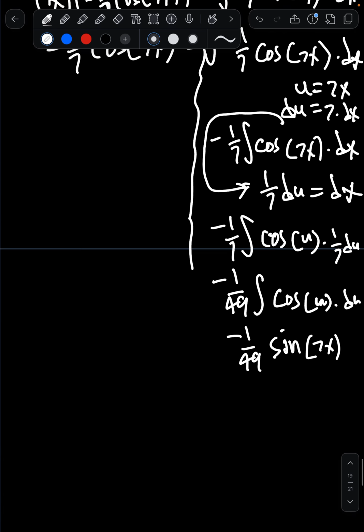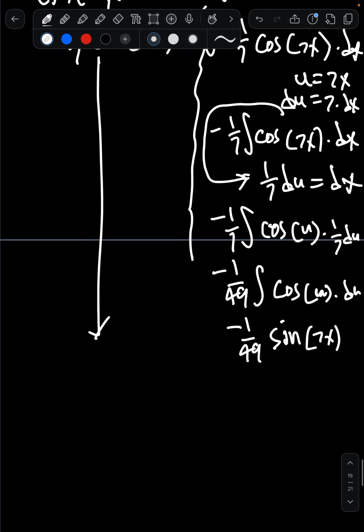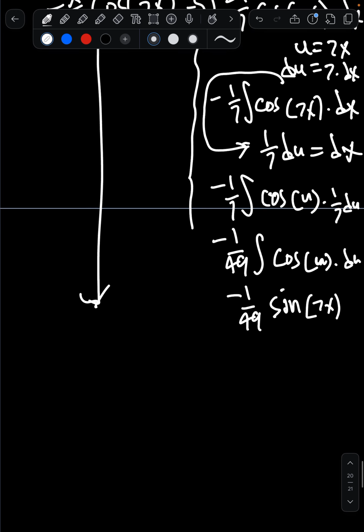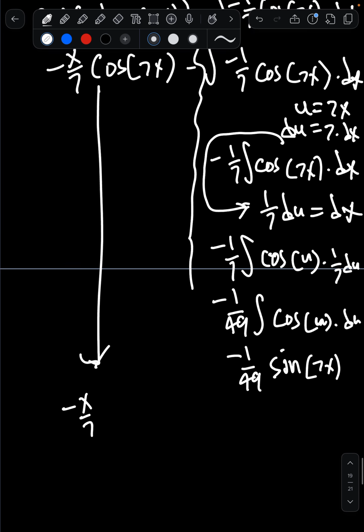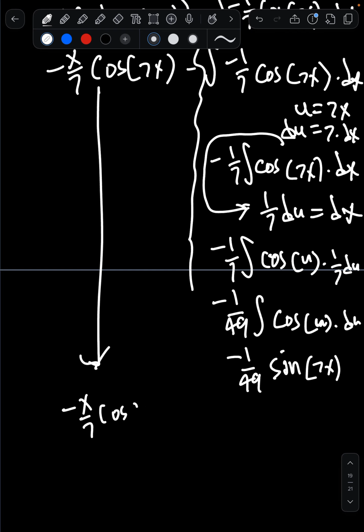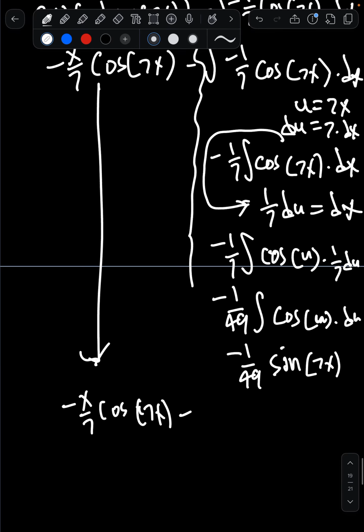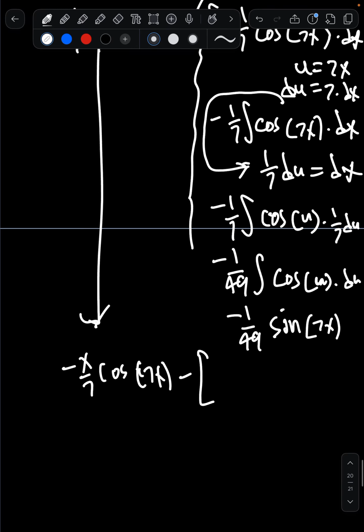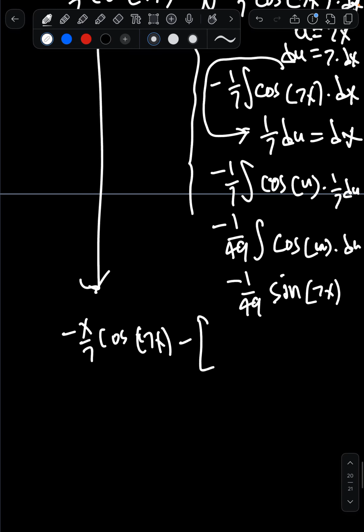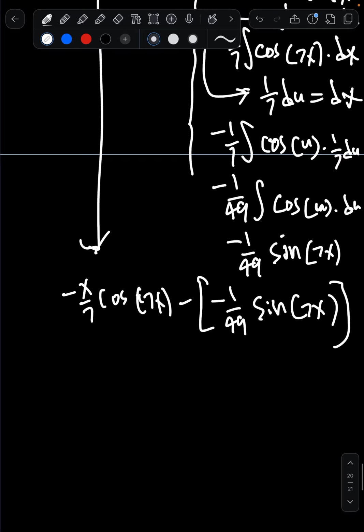So now let's bring down all of this function that we didn't solve yet. We had negative x over 7 times cosine of 7x, minus, I'm going to put this in brackets so we do not mess up our signs, negative 1 over 49 sine of 7x.